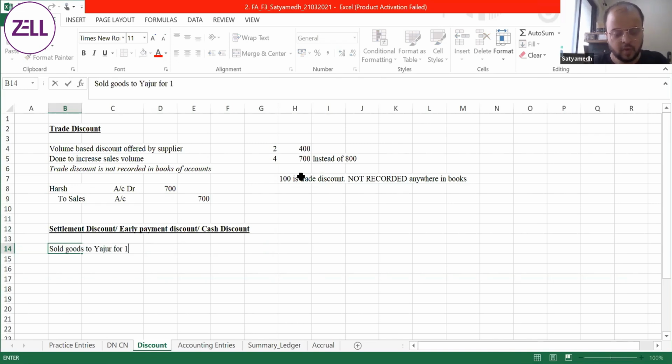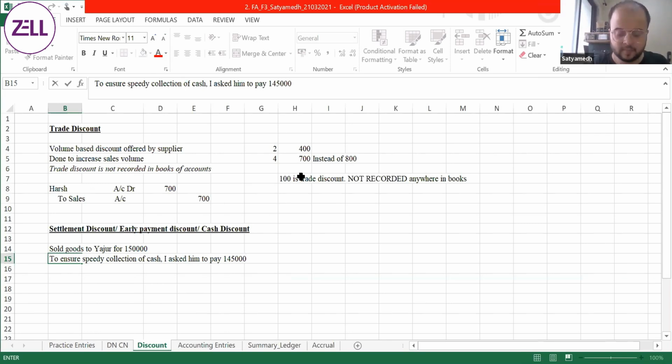Sold goods to Yajur for 1,50,000. To ensure speedy collection of cash, I asked him to pay 1,45,000. I offered him a discount of 5,000.